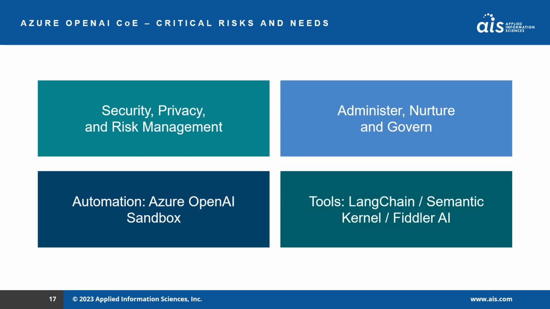And along with that is being that central knowledge repository for understanding what the key tools are that enable you to build these solutions and how those tools are evolving over time.